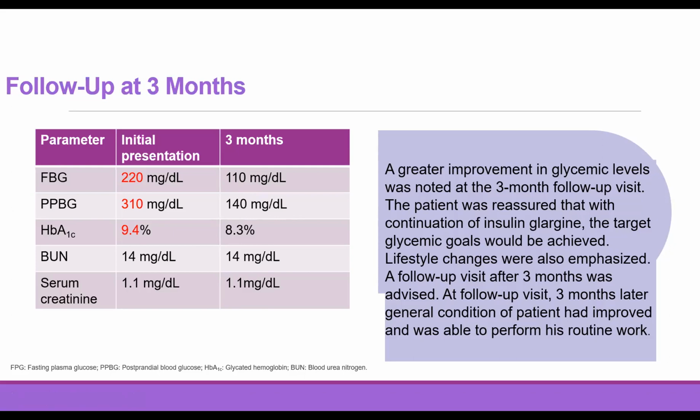A greater improvement in glycemic level was noted at the 3-month follow-up visit. The patient was reassured that with continuation of insulin glargine, the target glycemic goal would be achieved. Lifestyle changes were also emphasized. A follow-up visit after 3 months was advised. At the follow-up visit 3 months later, the general condition of the patient had improved and he was able to perform his routine work.